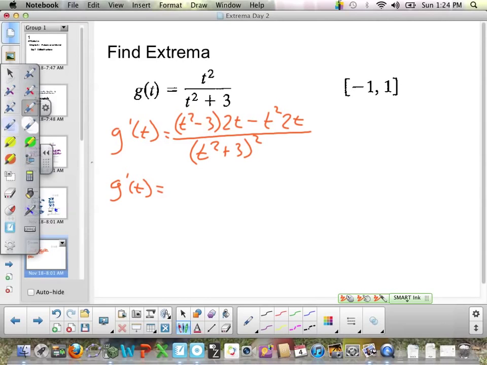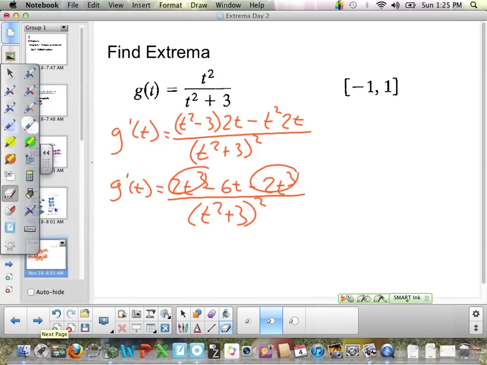We'll distribute our 2t. We get 2t cubed minus 6t minus 2t cubed over t squared plus 3 squared. All right, 2t cubed is in here. One's positive and negative, so we can get rid of those. We're just left with negative 6t up top.